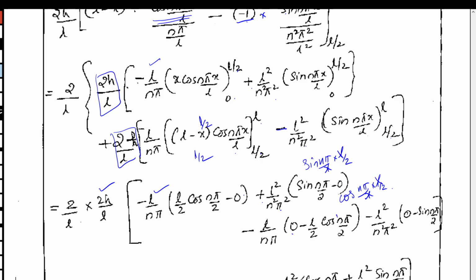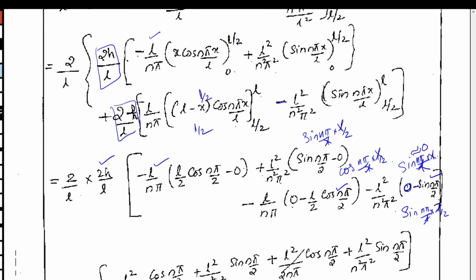L will be cancelled and I will get cos n pi by 2, minus L square by n square pi square into, apply the upper limit, then I will get sin n pi by L into L, L will be cancelled and sin n pi is equal to 0. Therefore the term becomes 0 minus sin n pi by 2, which is obtained by sin n pi by L into L by 2. L will be cancelled and it will become sin n pi by 2.